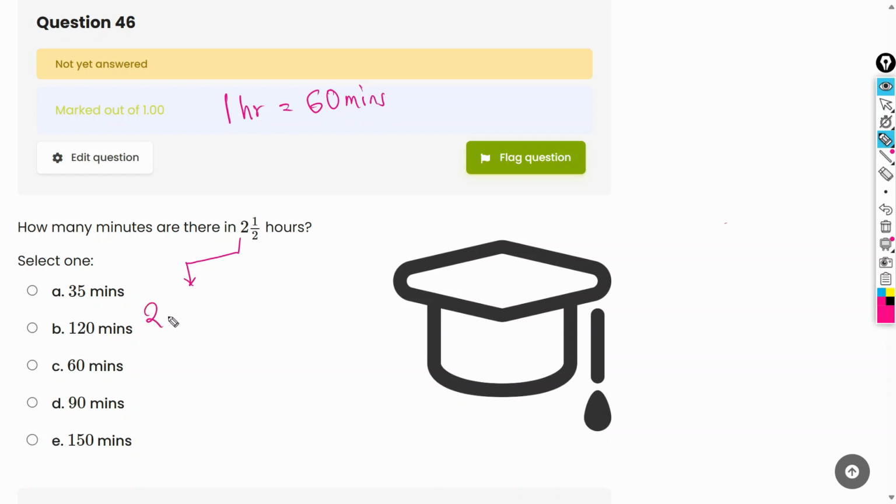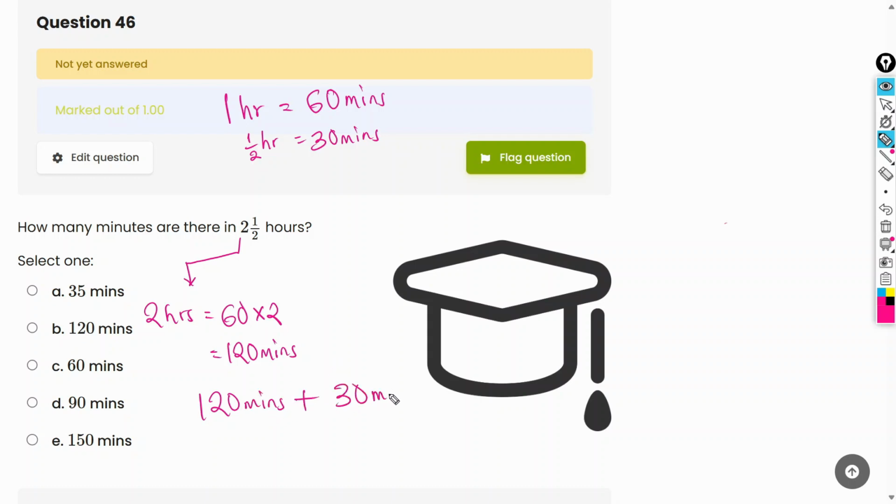So 2 hours will be equal to 60 times 2, which is 120 minutes. And then half hour, if 1 hour is 60 minutes, then half hour should be half of 60, which is 30 minutes. So 2.5 hours is 120 minutes plus 30 minutes.